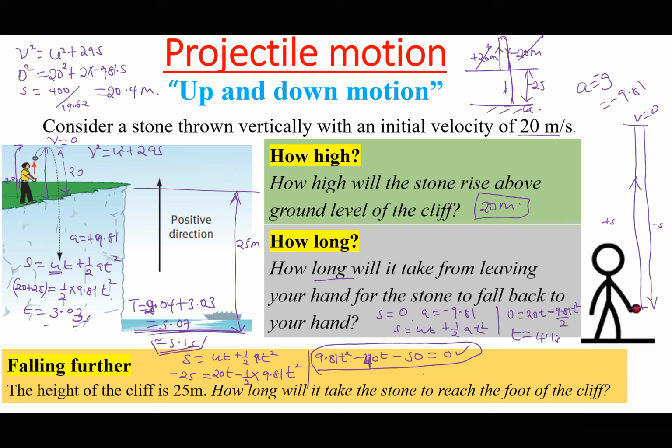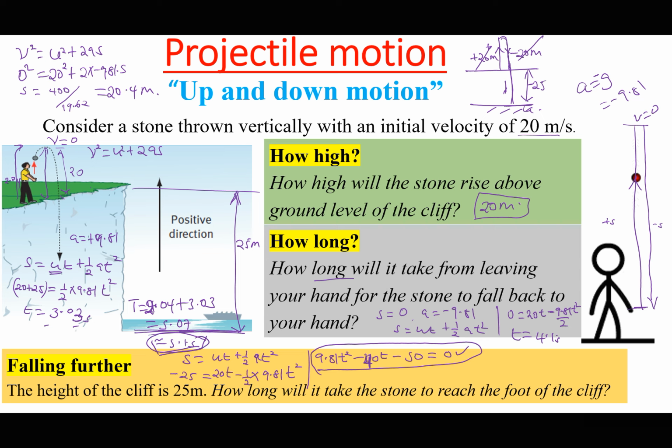So it is approximately equal. So t, the time to go to the highest point and back to the bottom of the cliff, is approximately 5.1.